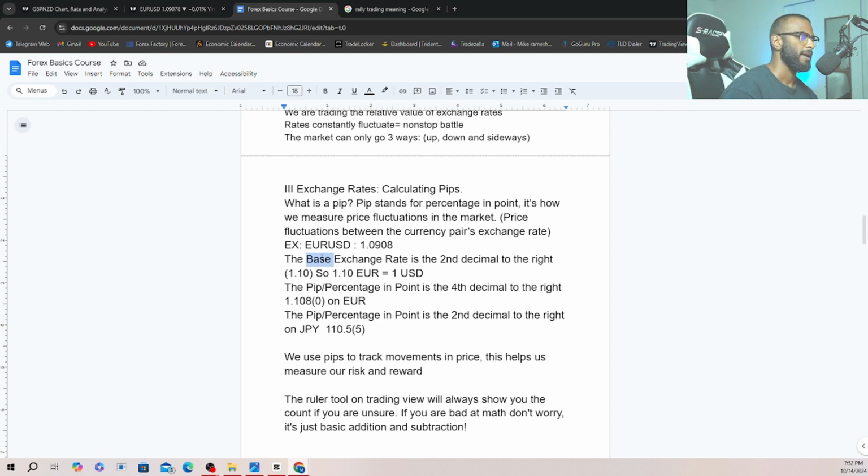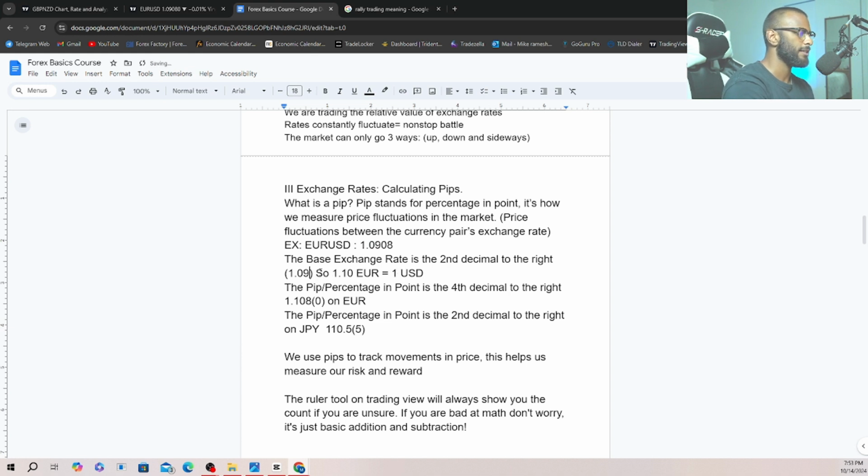If we're going to go to Europe, and we're going to transfer US dollars to euros, the way you can determine the actual exchange rate is based off of the second decimal point to the right. When we say to the right, it would be to the right of the decimal. You see we have the 1, and then we have the point right here. The base exchange rate would be the second decimal point to the right.